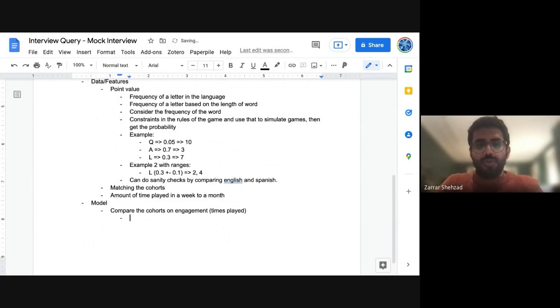And we want to be mindful that even if we've matched the people, we keep track of our covariates. So things like demographics, how long the game was, for instance, if a game was dropped, we might want to look at that too, because we want to make sure that these things aren't related to the engagement.